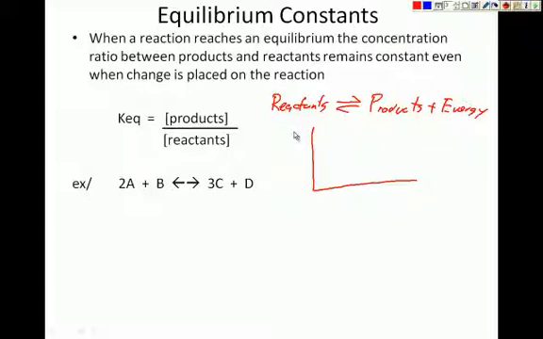So here is reactants and here is products. So right here again we have maybe a Keq of about 0.33.